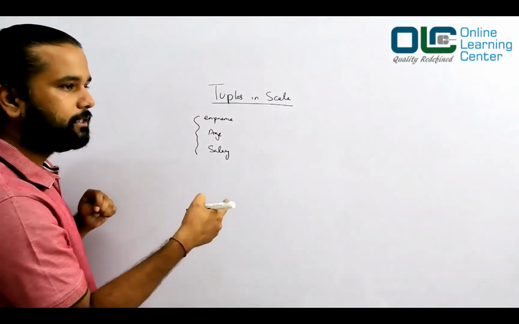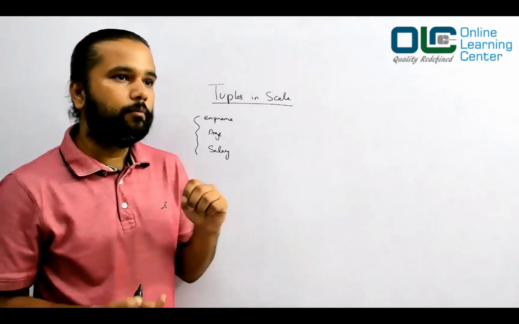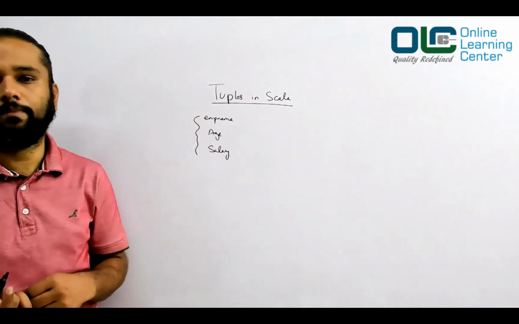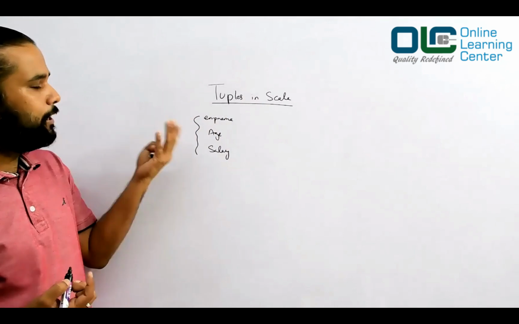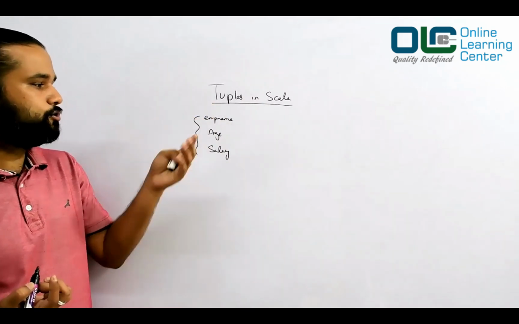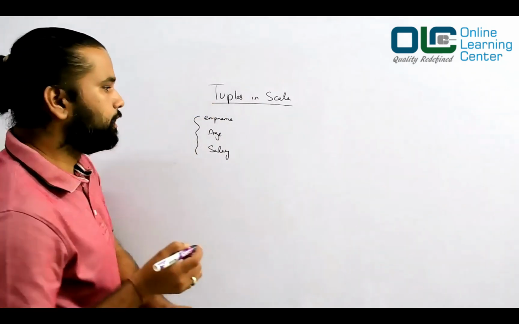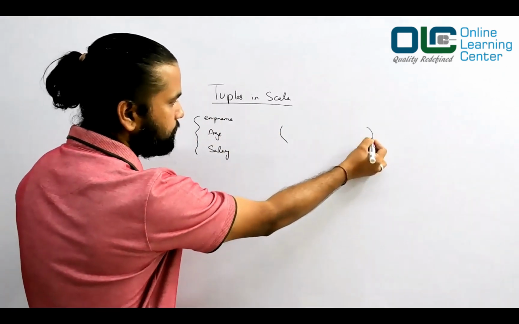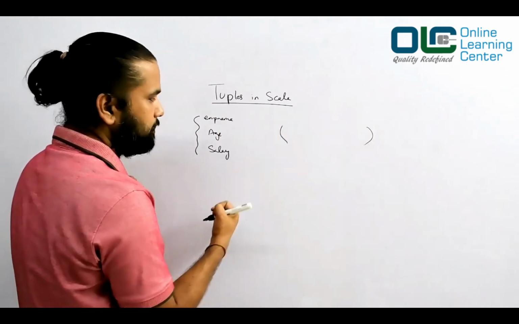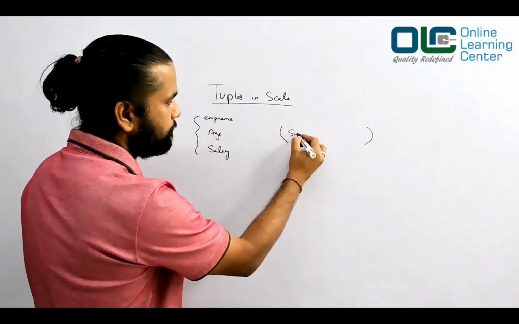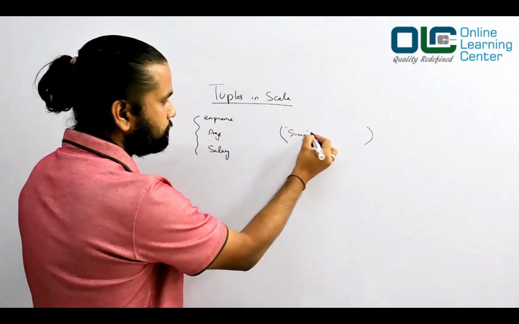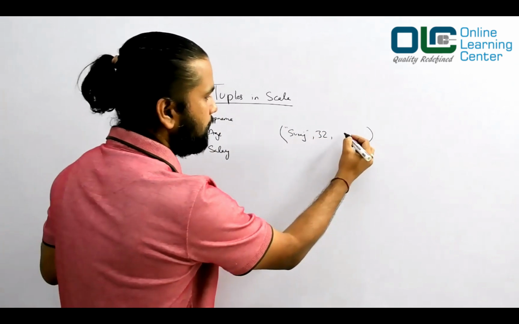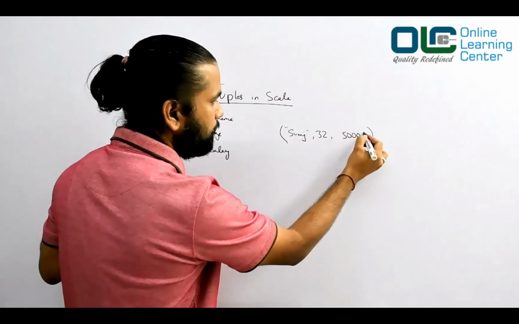I want to store these 3 pieces of data together. What you could do is, mostly the Java folks would say, create a class with 3 properties and then save it. But why create a class just for storing these 3 elements? So you can say, okay, I would use a tuple. A tuple starts with small parentheses like this, and you'll say Suraj, 32, my real age, salary 5000F.